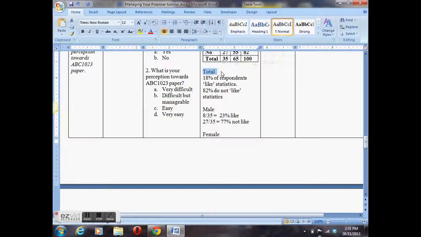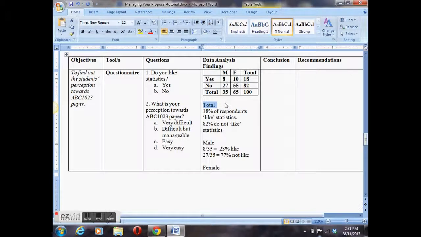Because sometimes the majority of the respondents said no, they do not like statistics. But when we go into detail, actually only one group of the respondents influences the overall result.